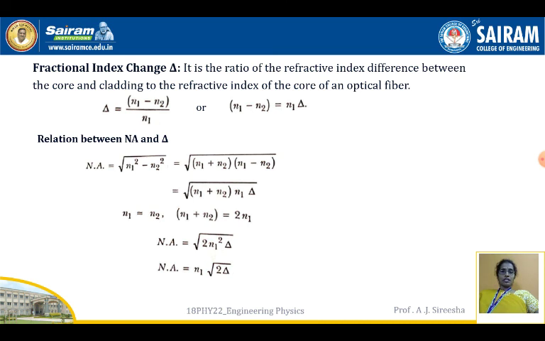Since n1 is approximately equal to n2, n1 plus n2 is taken as 2n1, and n1 minus n2 is taken as n1 delta. So NA can be written as root of 2n1 square delta. Rearranging the terms, NA can be written as n1 into root of 2 delta. This is the relation between NA and delta. Thank you.